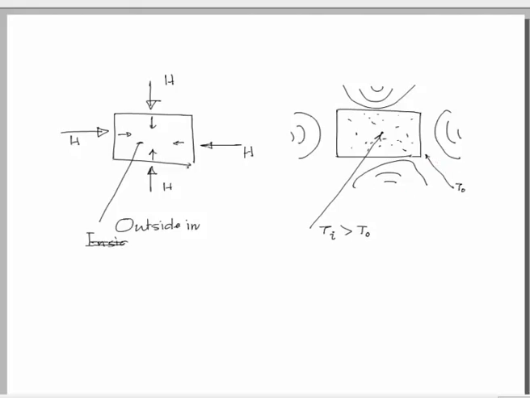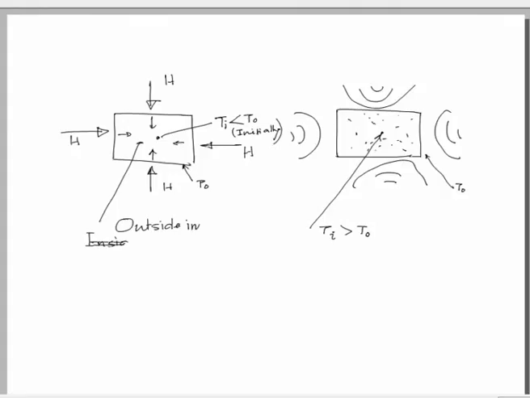But here if it is T O and if it is T I, so T I will be less than T O initially, this I have already explained.